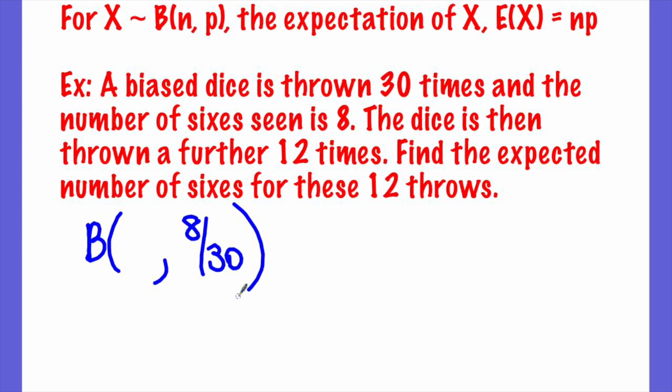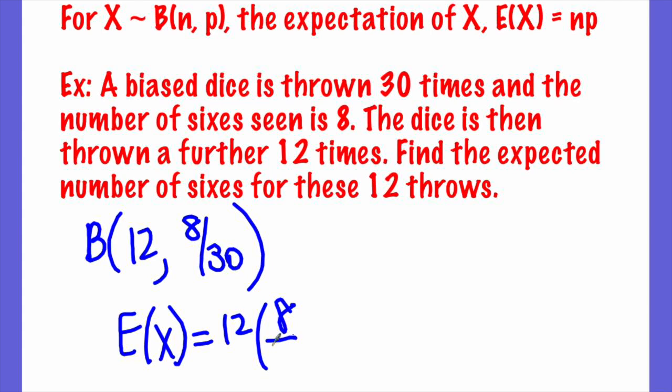Find the expected number of 6s for these 12 throws. So the expectation is just the product of 12 and 8 over 30. Did you do a proportion? It's simpler anyway. Then you just multiply 12.